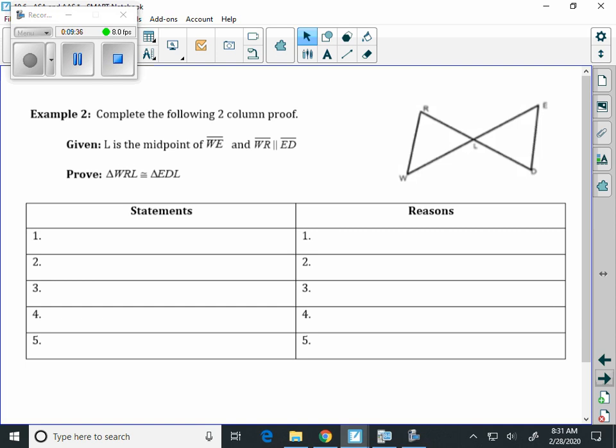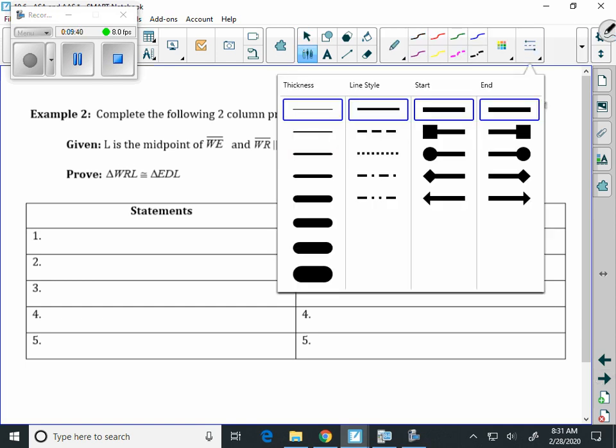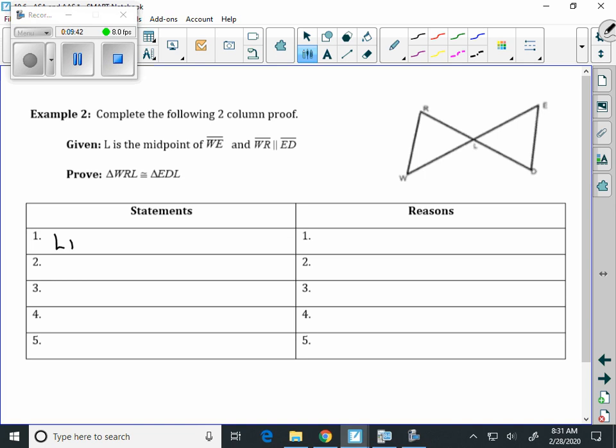And let's write down what we know, which is that L is the midpoint of WE, along with the fact that WR is parallel to ED. And we know the reason.